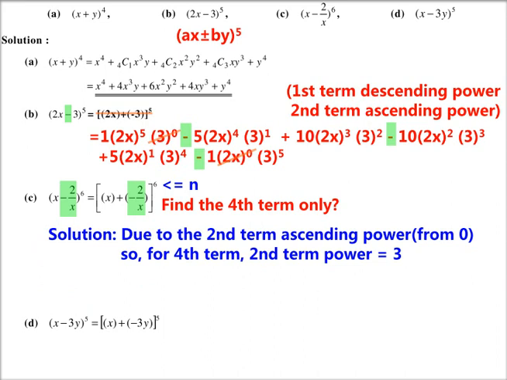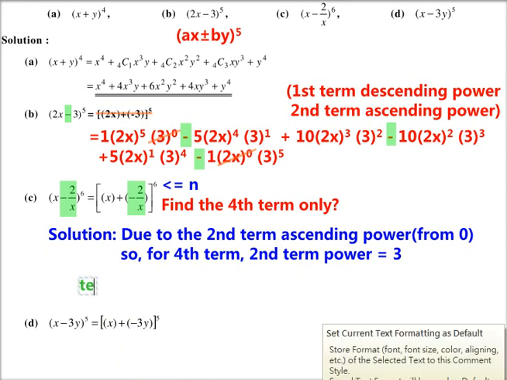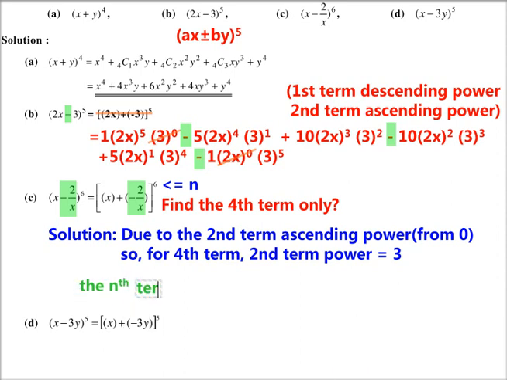And then what we need to do is that for the fourth term, write down the fourth term. It should be equals to the NC4. Yeah, I'll give you the structure first. Okay, the nth term. Yeah, the structure is that.